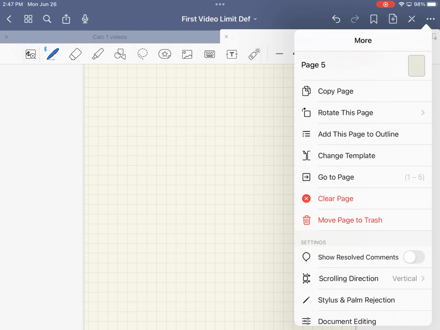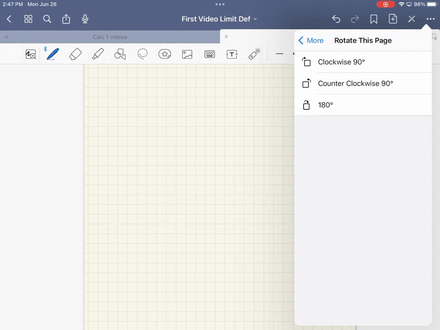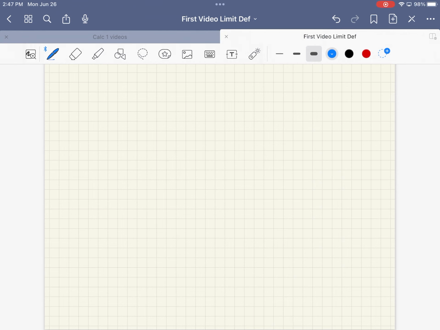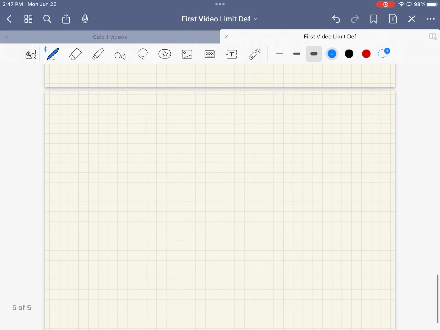Let me change this orientation. So what I have is this triangle here, this is still 100, and this is 100, and this is, we'll call it beta.